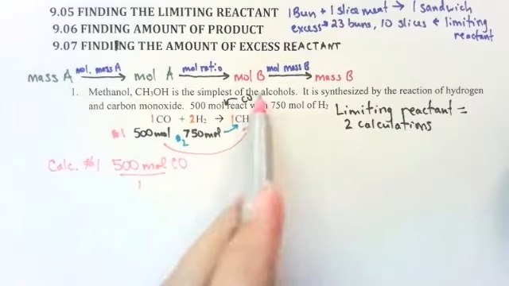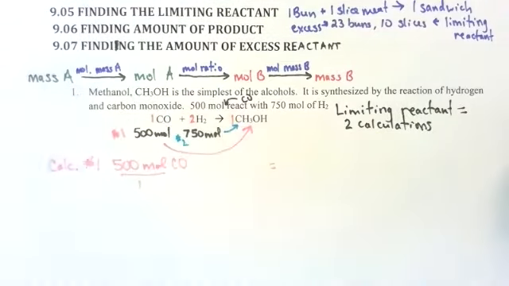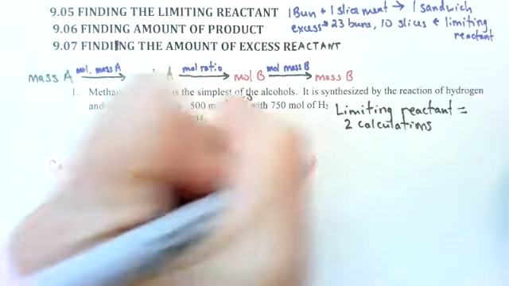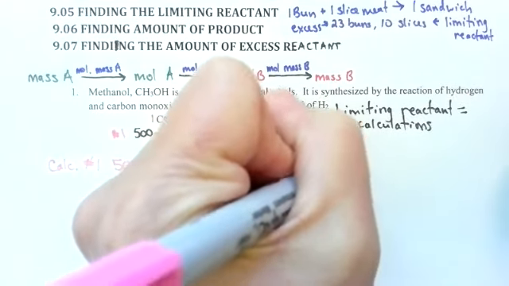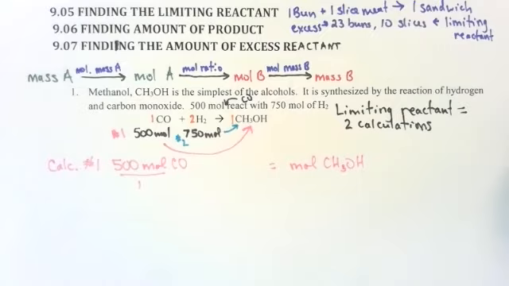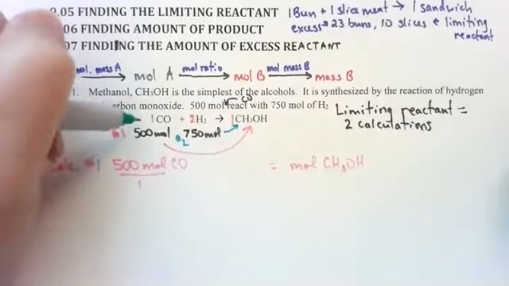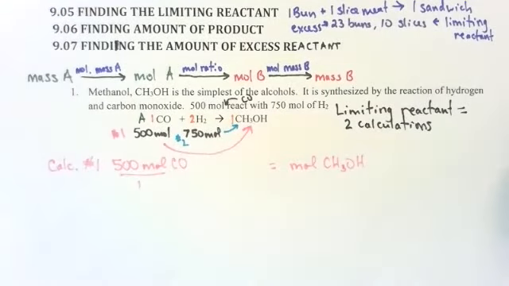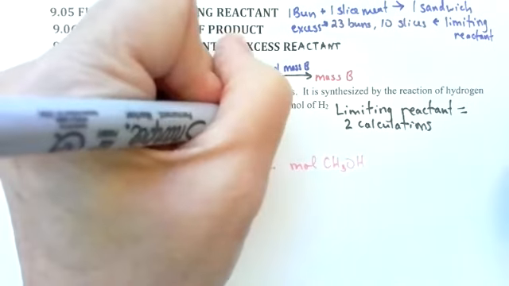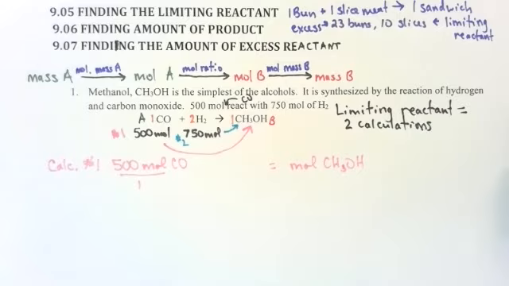So now all I'll have to do is a mole to mole conversion. So we're framing up, we're going to go to moles of CH3OH. That's going to make my starting point here, A, and that's going to make my ending point here, B. Well, because I'm going from mole to mole, I just need the mole ratio, which in this case, and I'm not going to write this out, I'm going to write it as I go because it's a 1-to-1 mole ratio.